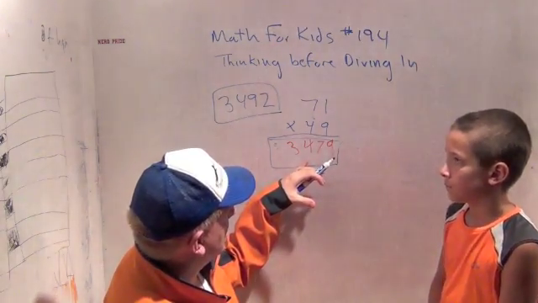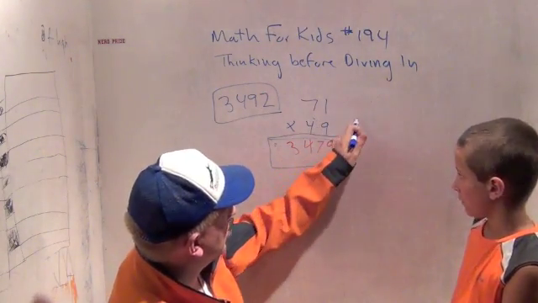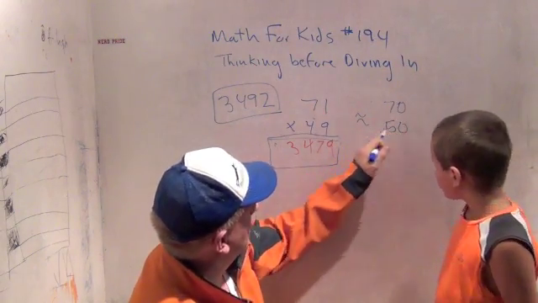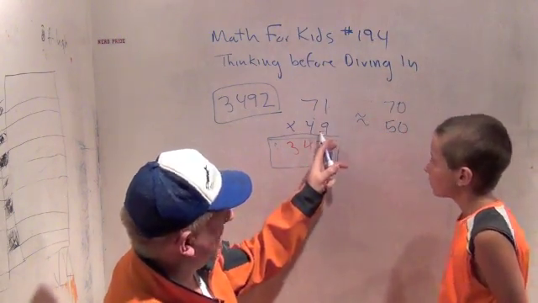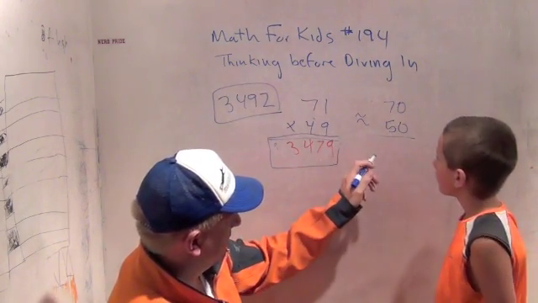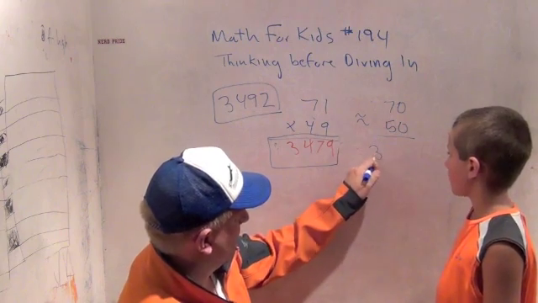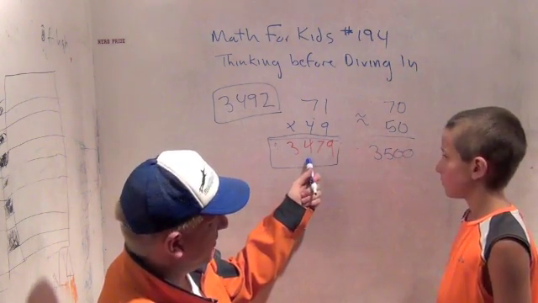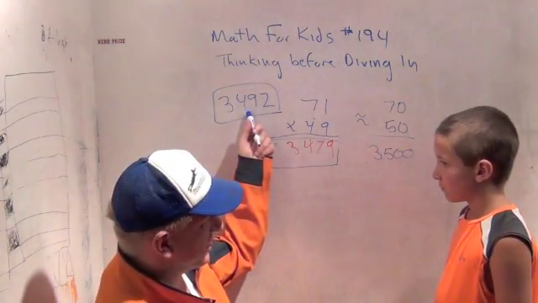Well, we know this should be very close to 70 times 50, in other words, 1 less on the top, 1 more on the bottom. 70 times 50 is 3,500. So it meets the requirement that it's pretty close to 3,500. Unfortunately, so did this.